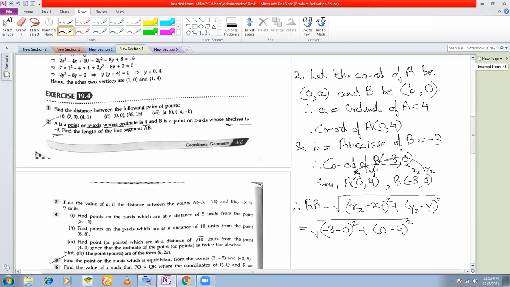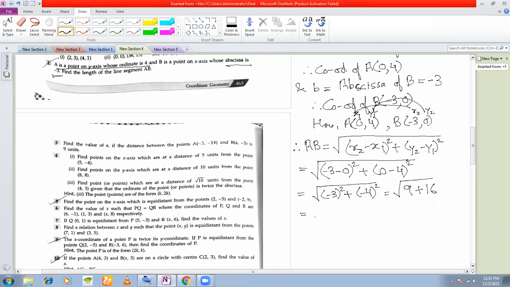Square. Okay, so what are you getting here? Square root of (-3) square plus (-4) square. So you're getting here square root of, (-3) square is nothing but +9, and (-4) whole square is +16. So 9 plus 16. So you're getting this as square root of 25. So you're getting the length as 5 units.